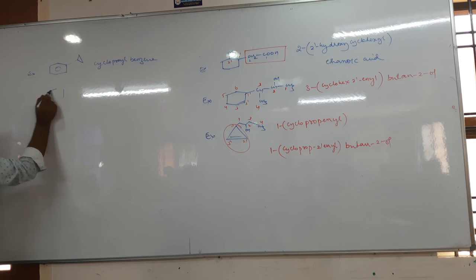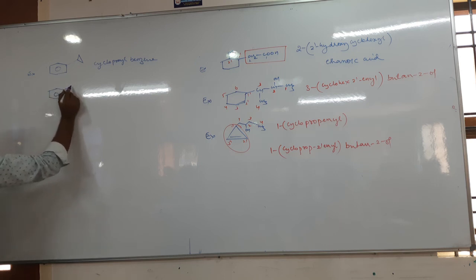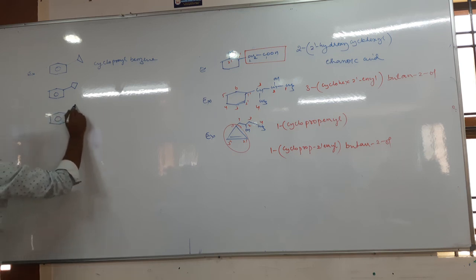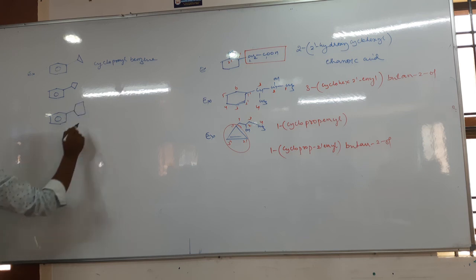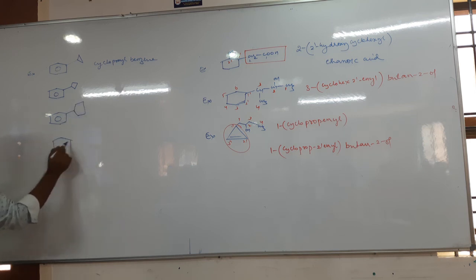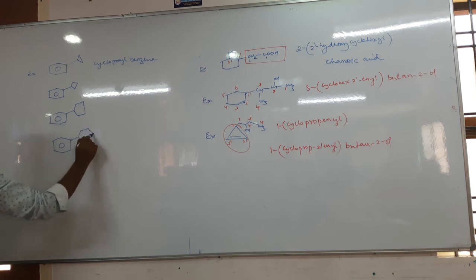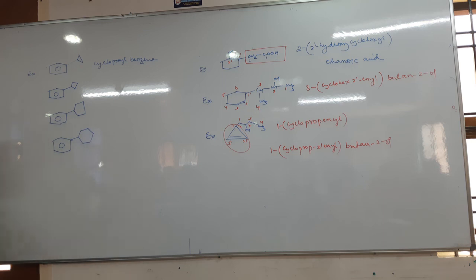If cyclobutane or pentane is also present, even hexane, cyclohexane, in all the cases benzene is the parent chain.